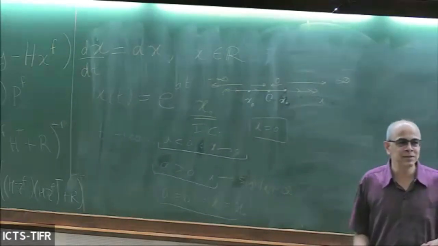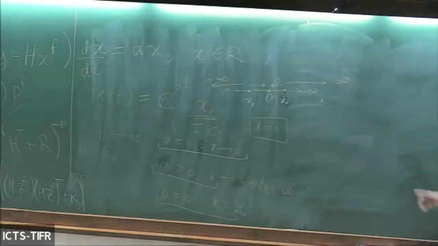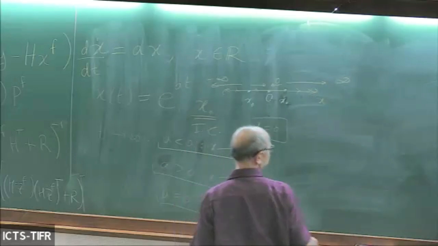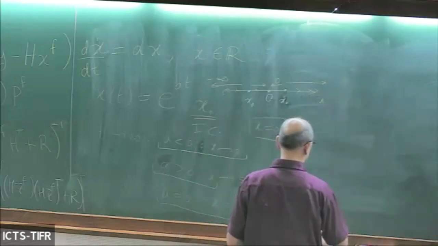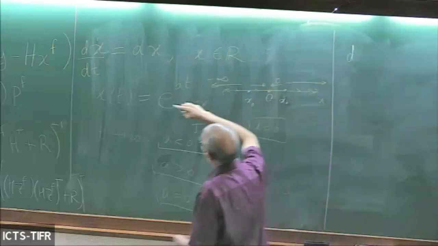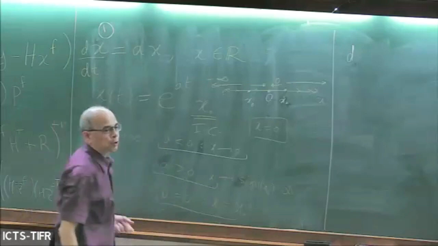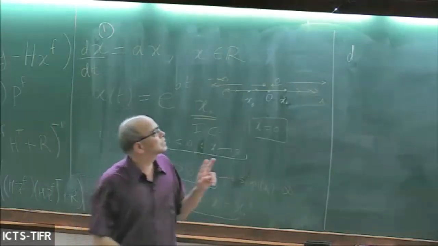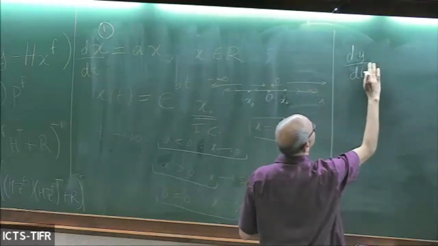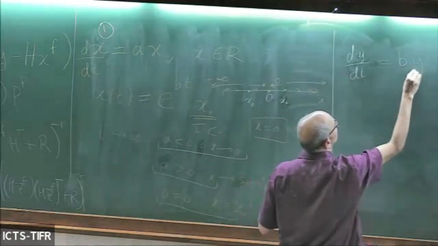Now what happens if it's more than 1 dimension? We can draw a very nice picture in these cases. We can also draw a picture if I add just one more equation. So this is equation number 1. I'm now going to talk about 2-dimensional systems. And the second system happens to be dy by dt equal to by.